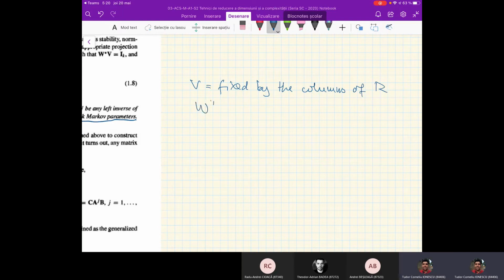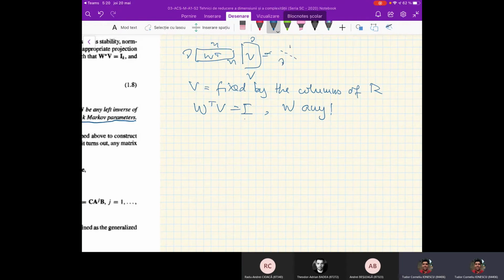and W transpose V is identity, W any, because this is not unique. W is not unique, keep in mind that. W satisfying this is not unique because like I said, V is like this, W transposed is like this, and this is not unique, and this needs to give you the identity, of dimension ni times ni.